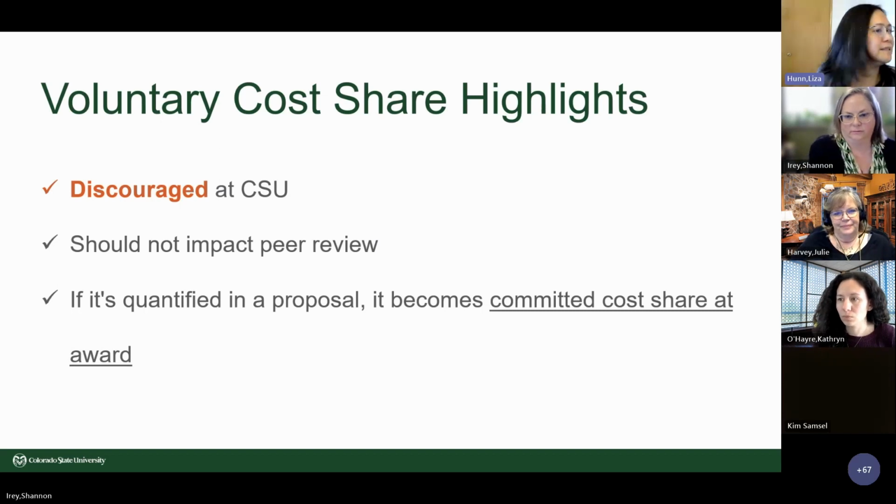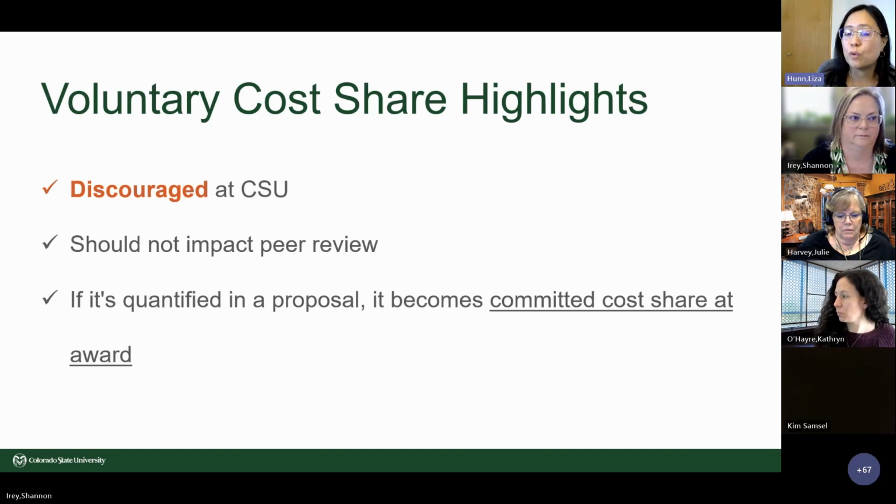What actually happens, I cannot say, but we're just going to do our due diligence when we notify OSP when we find a solicitation that is doing what the federal government should not be doing as far as merit-based scoring, voluntary cost share. But again, if it's quantified in the proposal, it becomes committed cost share at award.